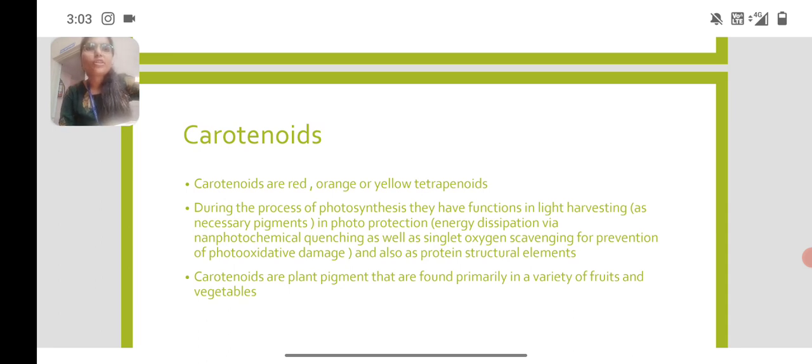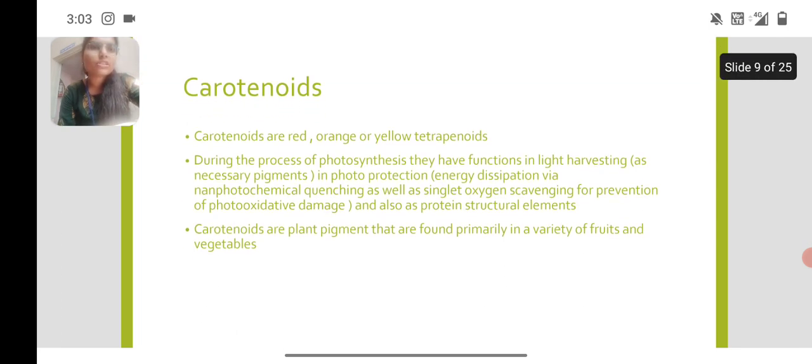Carotenoid pigments. Carotenoids are red, orange or yellow terpenoids. During the process of photosynthesis, they have function in light harvesting, as a necessary pigment in photoprotection, energy dissipation via non-photochemical quenching as well as singlet oxygen quenching for prevention of photooxidative damage, and also as a protein structural element.